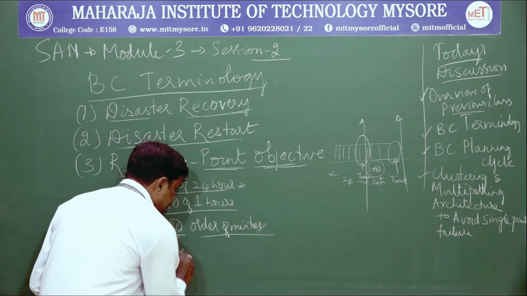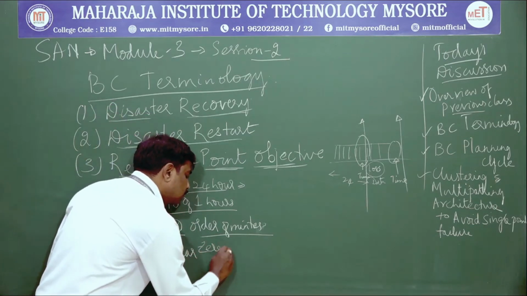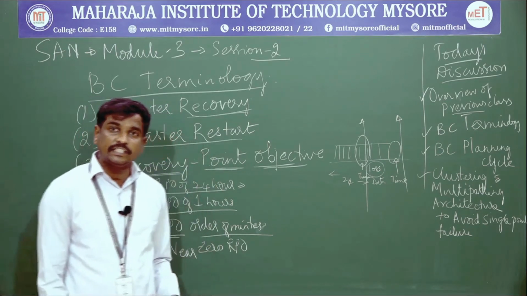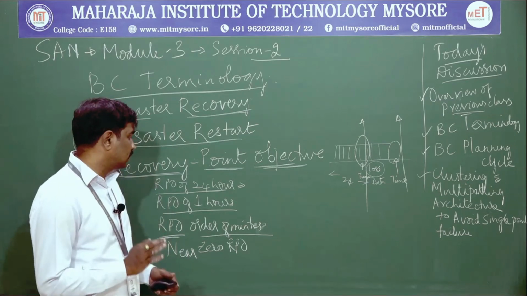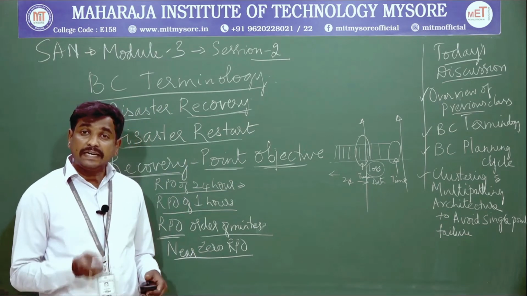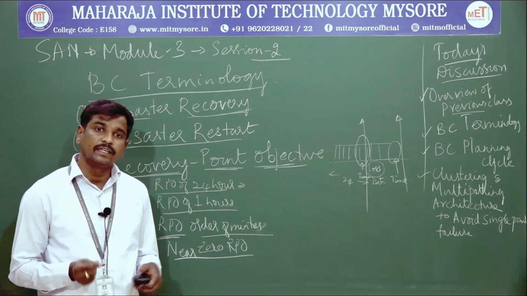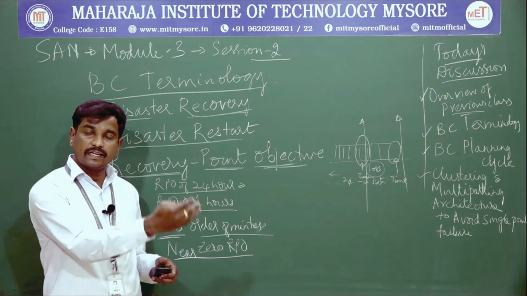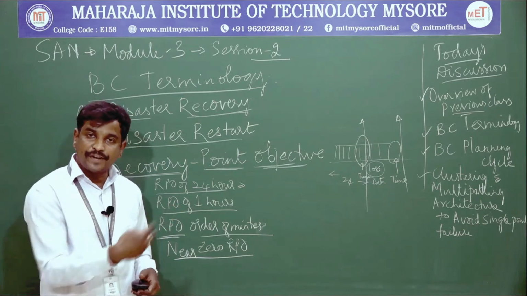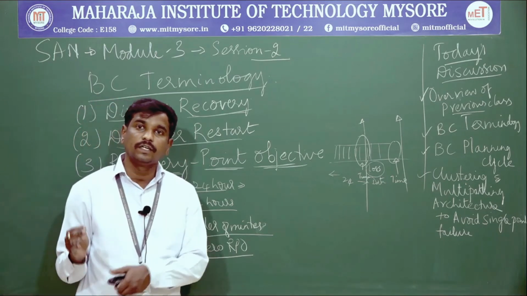We have one more concept called near-zero recovery point objective. This type of objective means mirroring data synchronously to the remote site. Whenever operations happen, from the host machine as well as the data centers, the data is communicated and immediately stored in the remote sites.